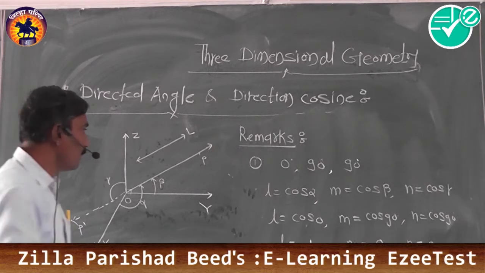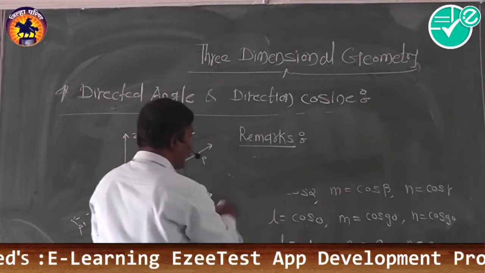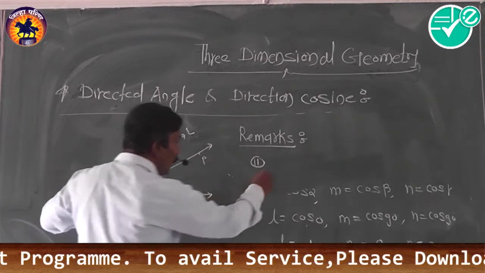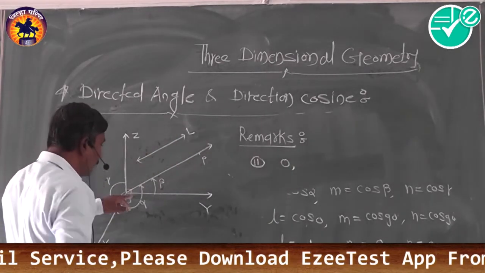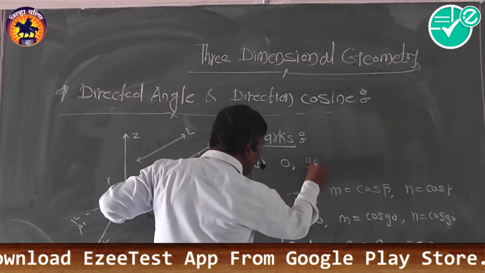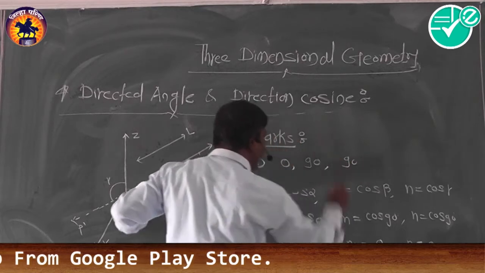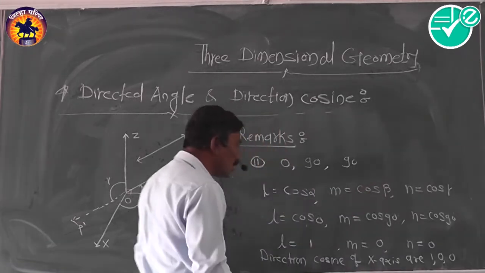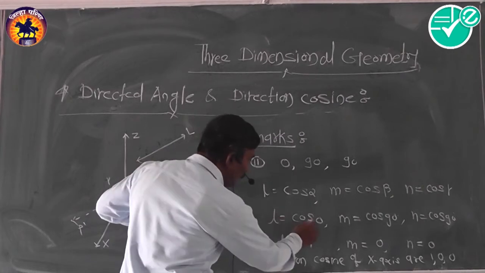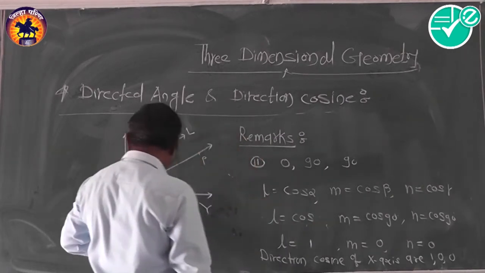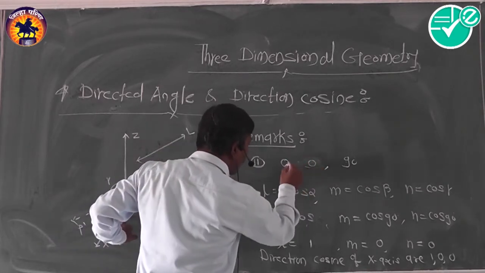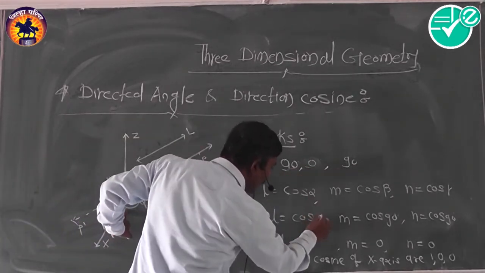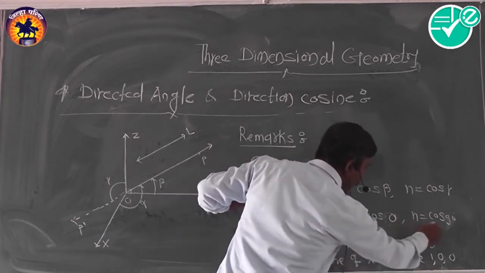Now the second remark. Here the y-axis makes an angle of 0 with itself, the z-axis makes an angle of 90 and the x-axis makes an angle of 90.